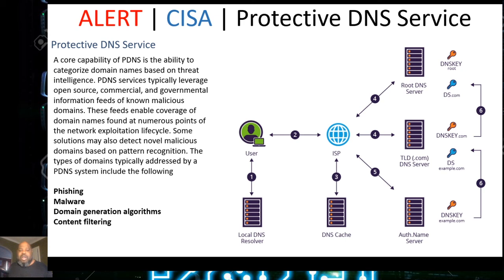The feeds enable coverage of domain servers found at numerous points of the network exploitation lifecycle. Some of the solutions also detect novel malicious domains based on pattern recognition. The types of domains typically addressed by the PDNS system include phishing, malware, domain generation algorithms, and content filtering.